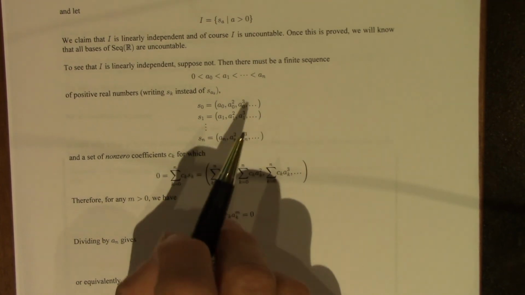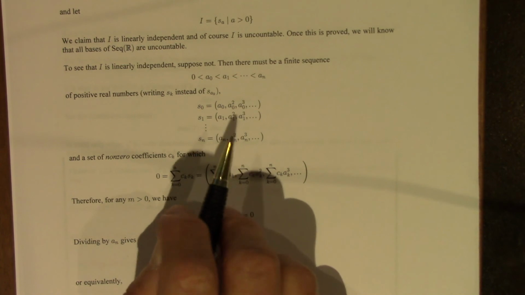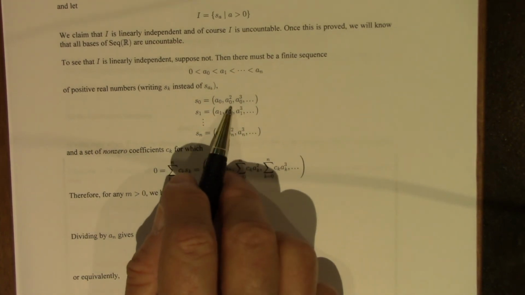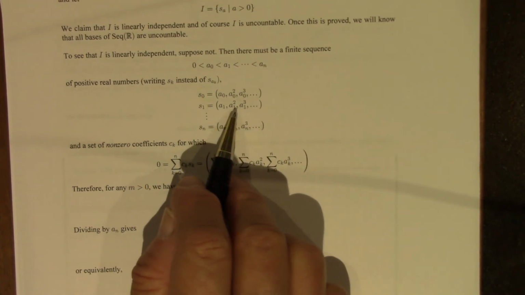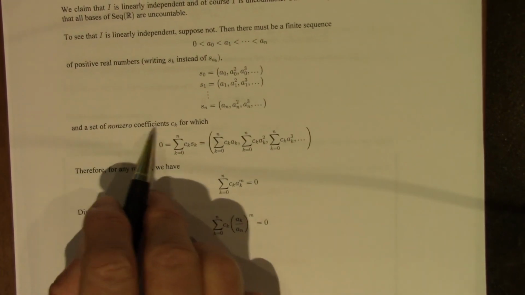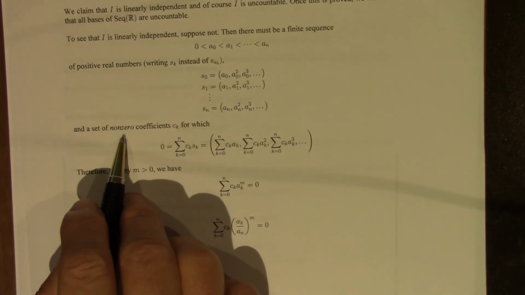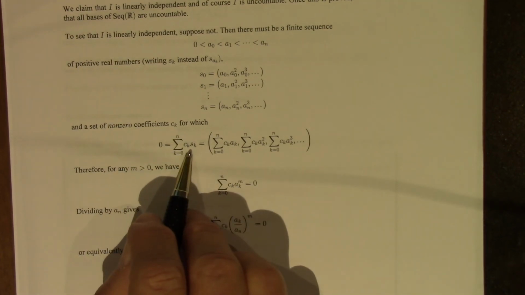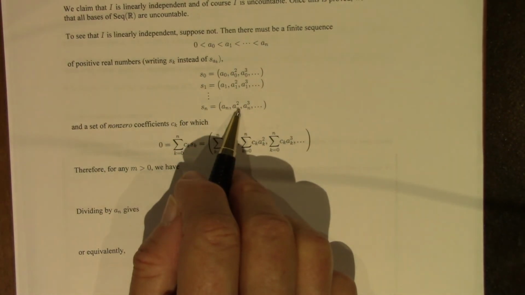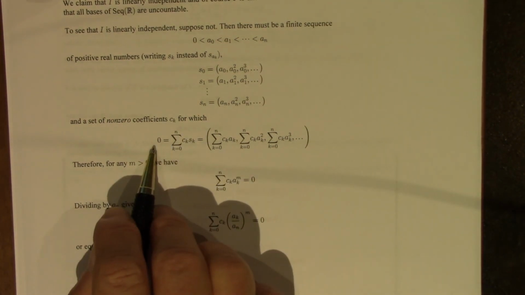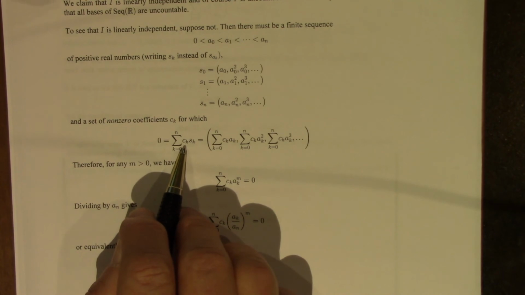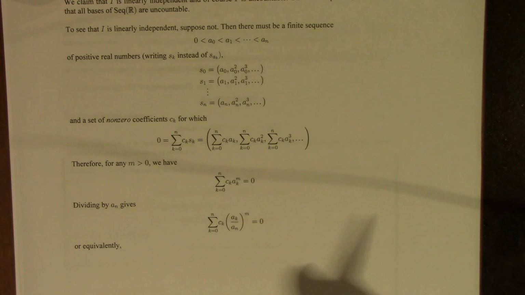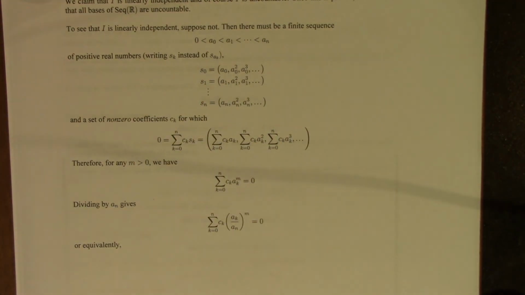And we can arrange it by not including any sequences that are irrelevant to the dependency. So in other words, there is a set of non-zero coefficients, C sub k, for which the corresponding linear combination of these vectors is 0. And again, the coefficients are non-zero because if there are any 0 coefficients, I just delete this sequence from the list.